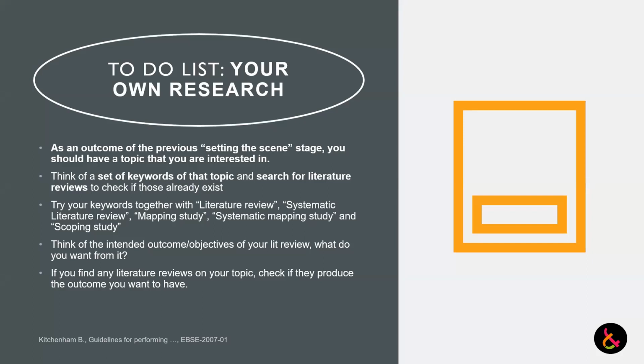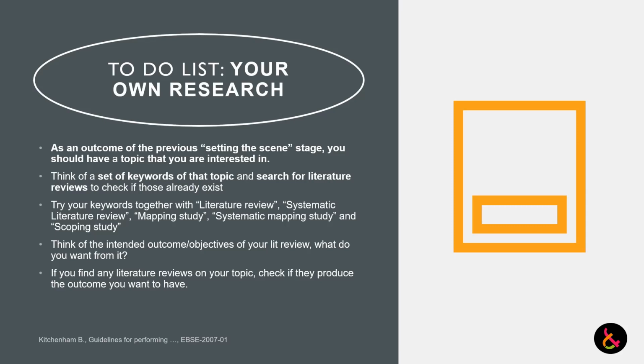So backing up again, if you think about your research, what happened in the last class, setting the scene, as we called it last time, you can think of a set of keywords for your research topic and search for literature reviews to check if this is there. Try your keywords together with literature review, systematic literature review, mapping study, systematic mapping study, or even scoping study.